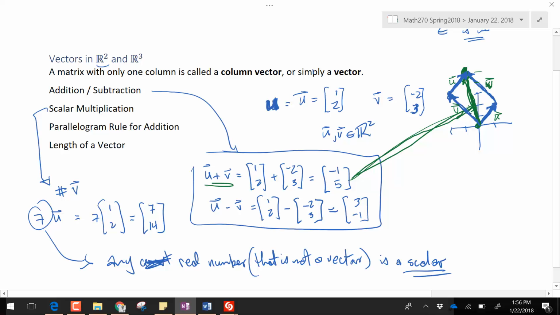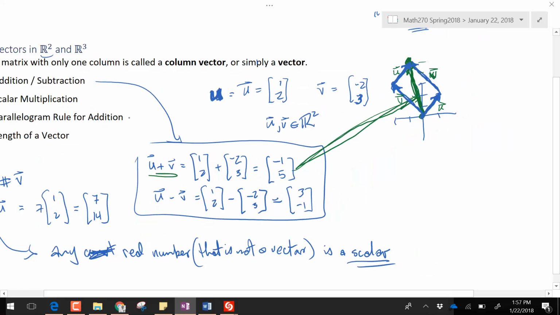The diagonal turns out to be the sum of those two vectors. And for those people who know about vectors, you know that the difference is the other diagonal of the parallelogram. And we won't talk about that. Okay? So that's the parallelogram for addition of vectors.